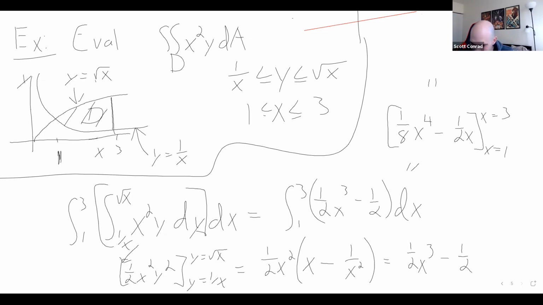So we get 1/8, so 3 cubed is going to be 27. All right, so we have 27 over 8 minus 1/2 x valued at 3, so 3 over 2, minus quantity. So 1 over 8 times 1 to the 4, so 1/8, minus 1/2.